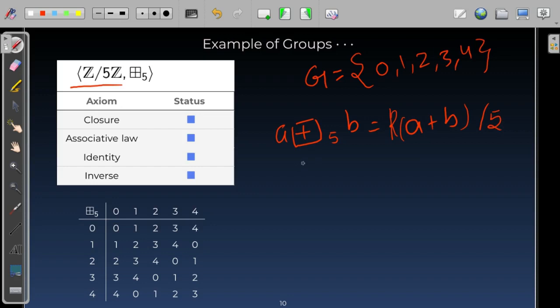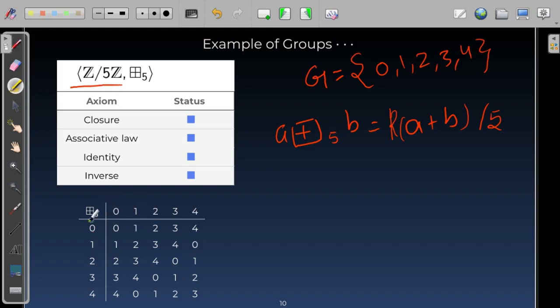To demonstrate all these properties, I have included a table here. So we have 0, 1, 2, 3, 4 here and 0, 1, 2, 3, 4 here, and this operation is modulo 5 addition.